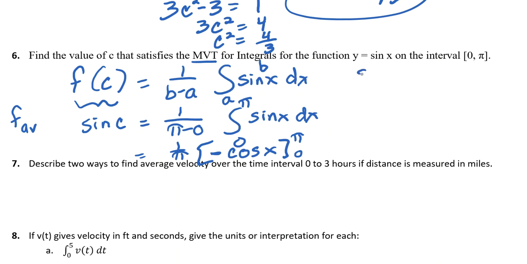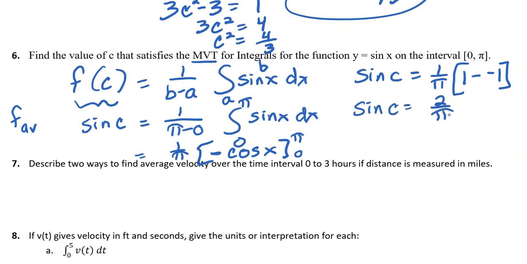We have sine of c on the left side of that equation. And now if we evaluate, the opposite of the cosine of pi would be the opposite of negative 1, so that would be positive 1. And the opposite of the cosine of 0 would be a negative 1. So we now have sine of c equal to 2 over pi.